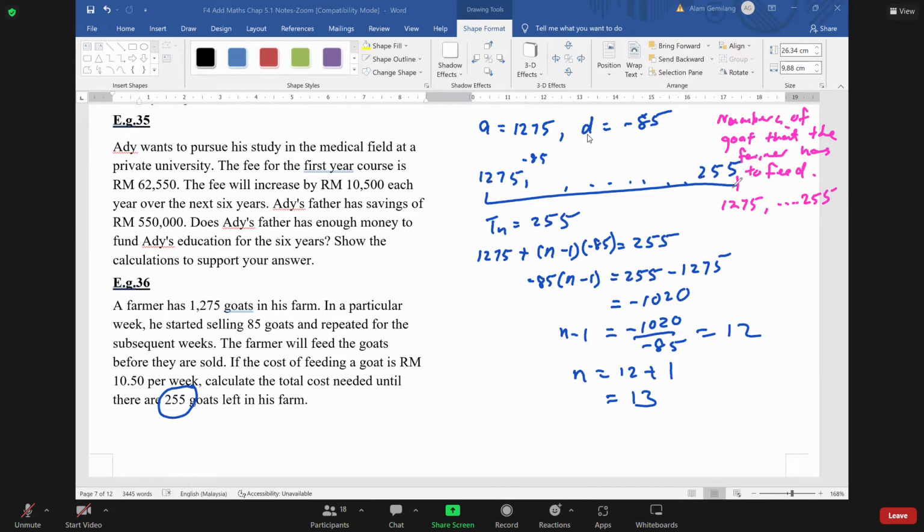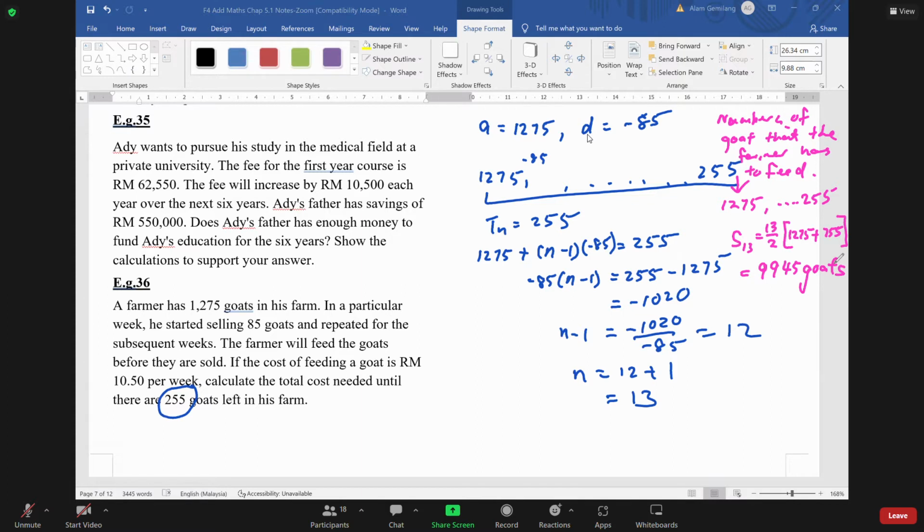From the first day you already need to feed these goats, before after 1 week you sell. So you have to find S13, which is 13 over 2 times 1275 plus 255, the first term plus the last term. So you get 9,945 goats. So you need to feed 9,945 goats.